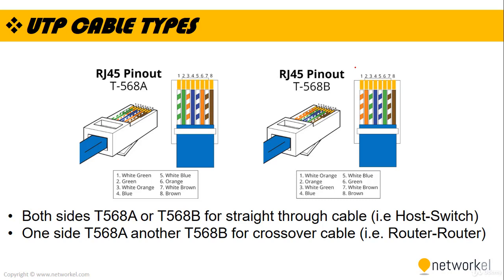A straight-through cable is a type of Cat5 cable in which the RJ45 connectors at each end have the same pinout. The color code used on both ends is the same. A straight-through cable is also referred to as a patch cable. It is used to connect computers and other end-user devices to networking devices such as hubs and switches.